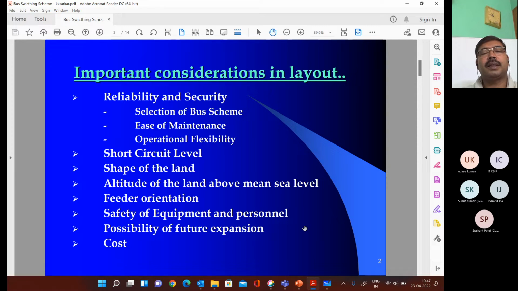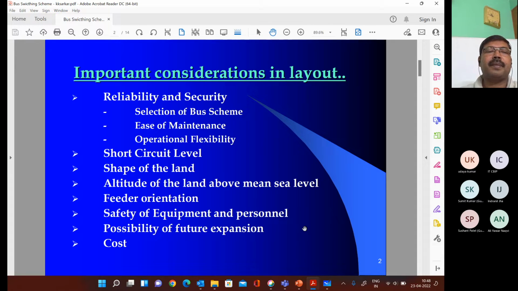You may not get land of the shape of your choice. So if the land is a different size, the layout will change, and if the land is less, then the bus scheme may be a different one.